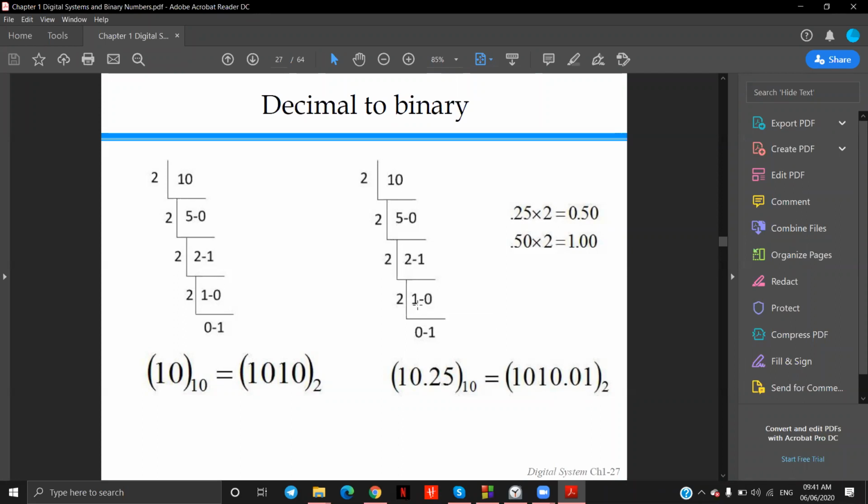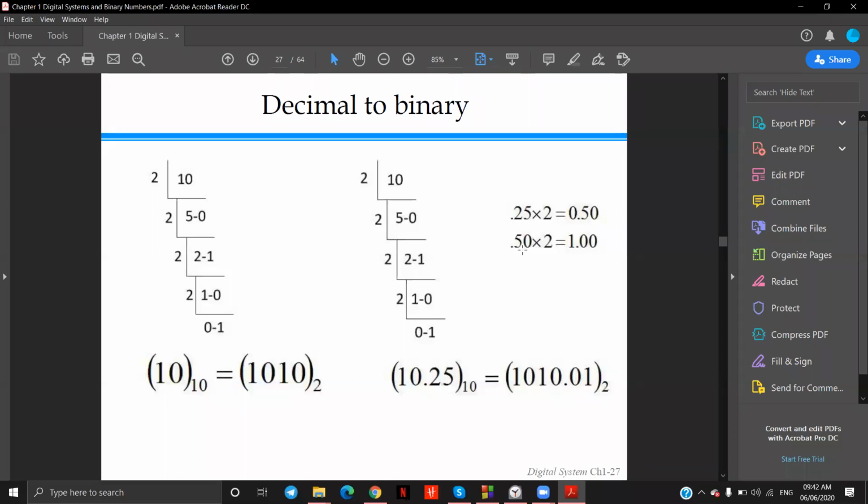Again, if we divide 1 by 2, 0 is the quotient and 1 is the remainder. When you get 0 as the quotient, you should stop the division.